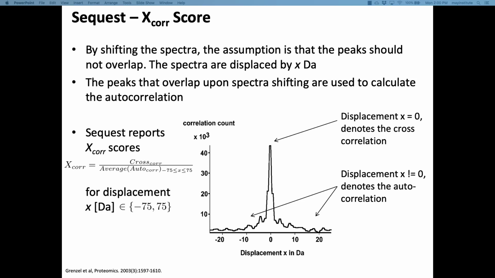You can look at shifts. Sequest does this with this X-core score by just shifting the spectra and looking how much they still agree. And that gives you sort of a background value. You can use different scores in different search engines, so you can switch different scores on and off, and again you will end up with different results.